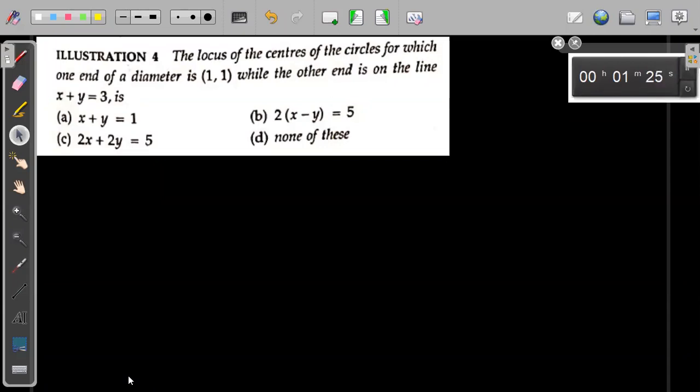No, C is the answer. Please check. Yes, got. Yes, very good. Yes, C is correct. Please check.